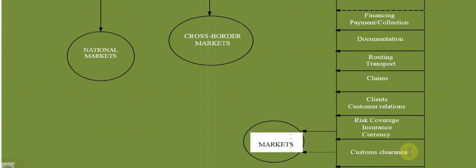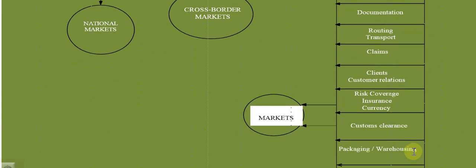Also, once an accident occurs, settling the insurance is also very difficult. Then customs clearance. As I told you, this is international trading, so it is different from domestic trading.